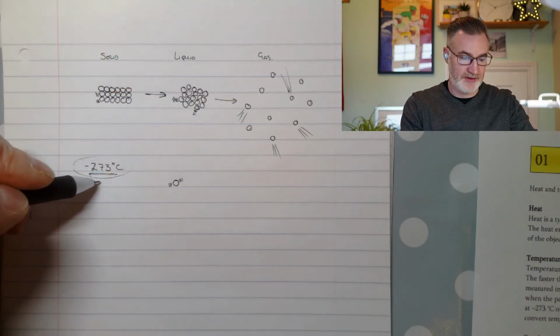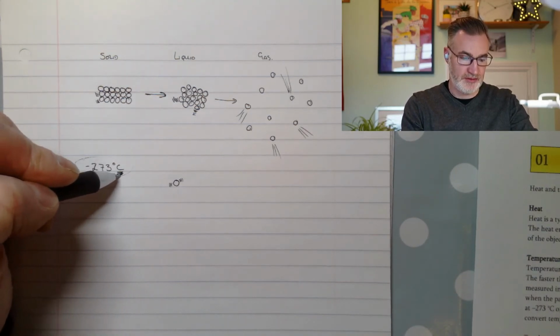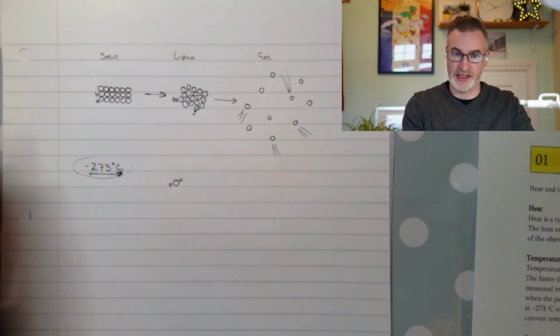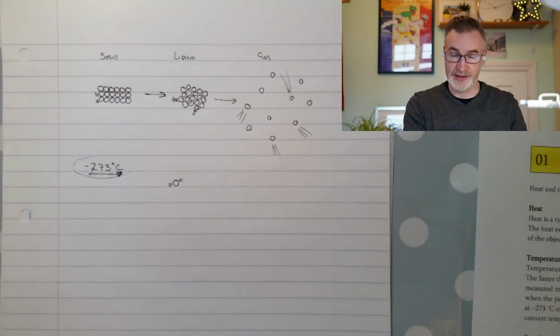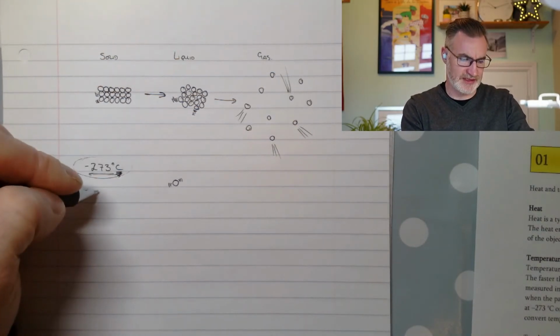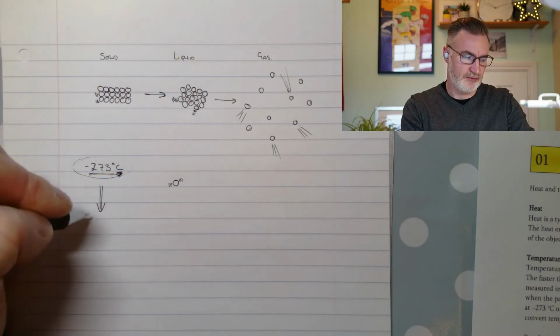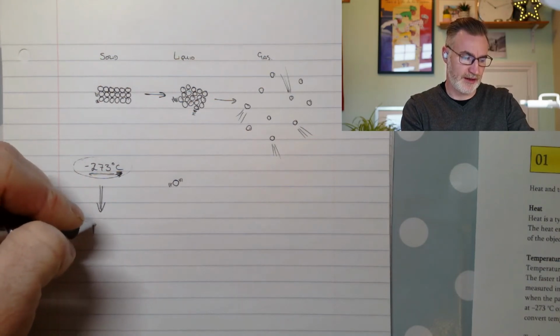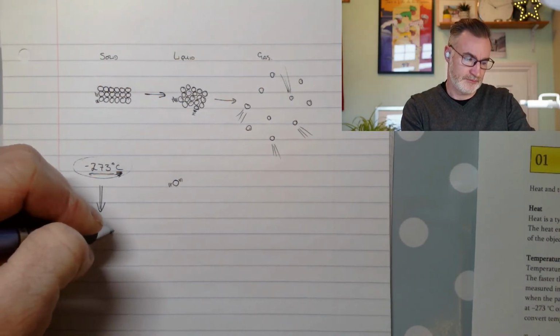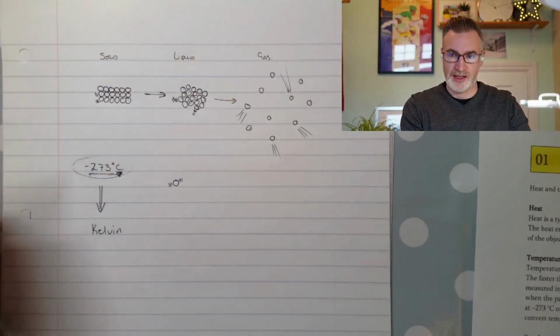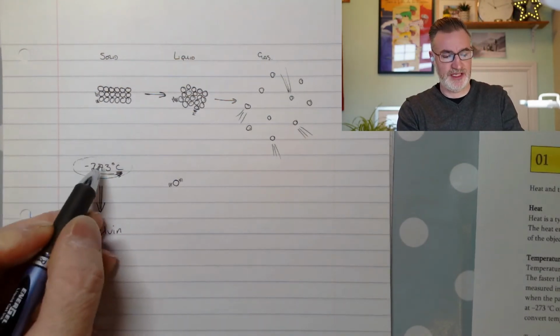We have our degrees centigrade scale, which is our SI unit, but we also have a different scale called Kelvin. Kelvin is just an adaptation of this scale.